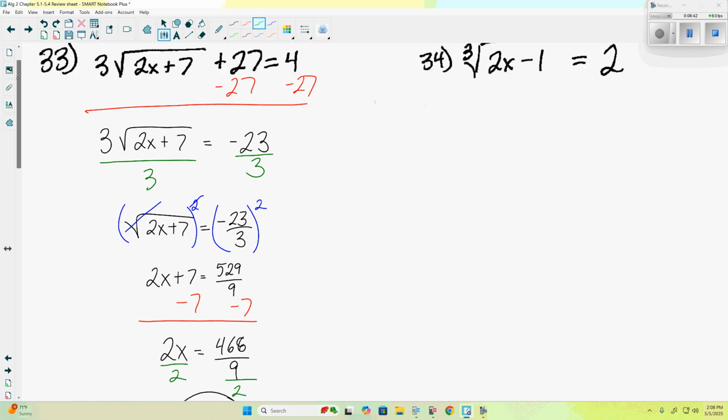Now the last thing we would need to do is check. 3 times the square root of 2 times 233 over 9 plus 7, plus 27 is going to equal 4.